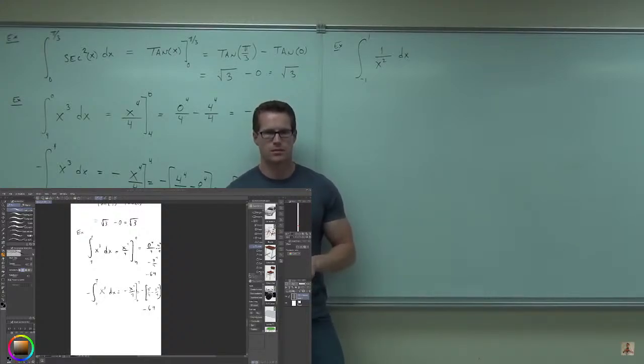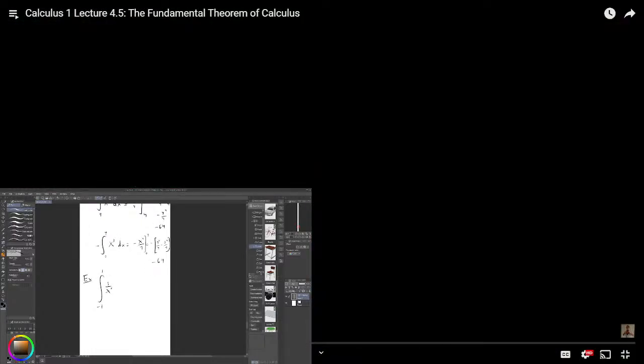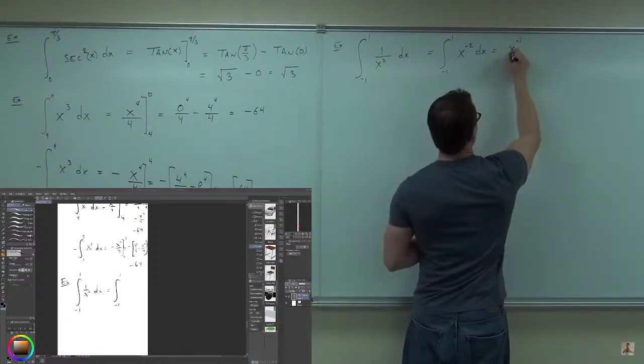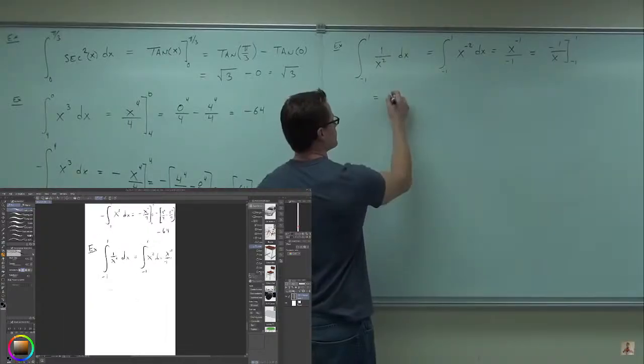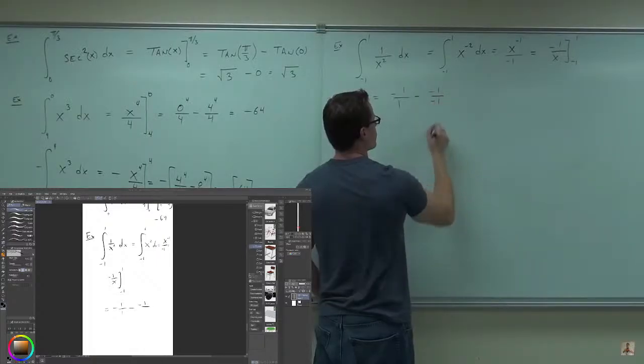Okay, we could bring the x squared to the top. You'd have negative 1 over 1 minus negative 1 over negative 1.